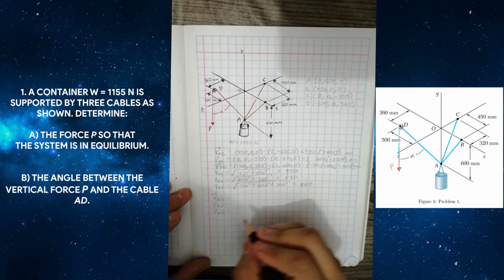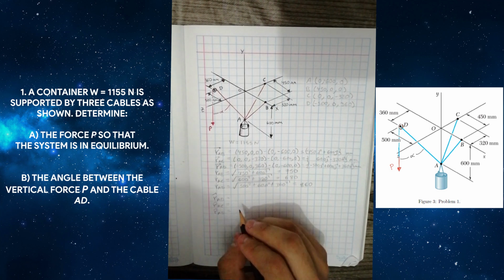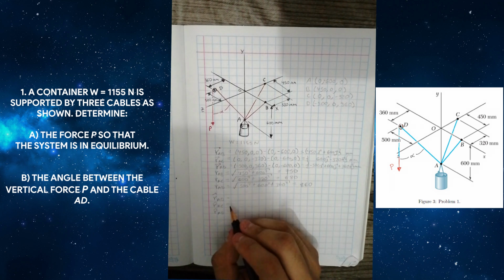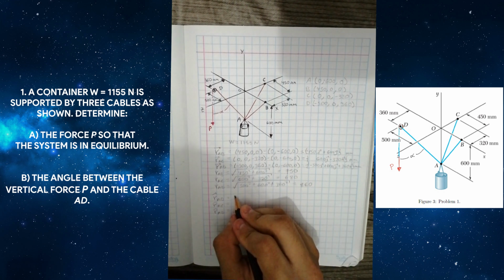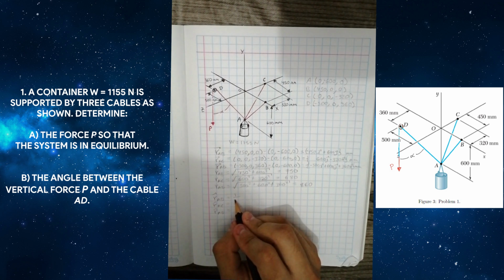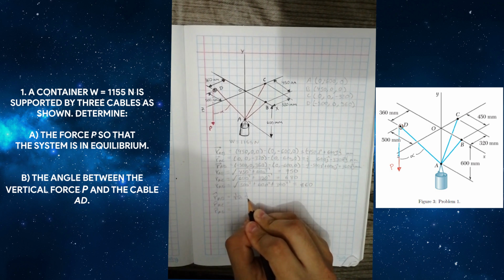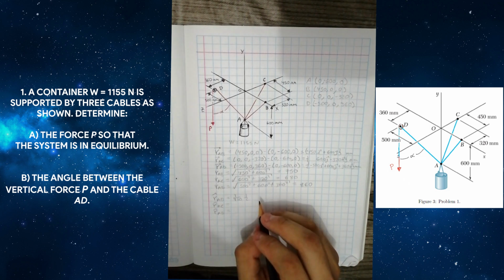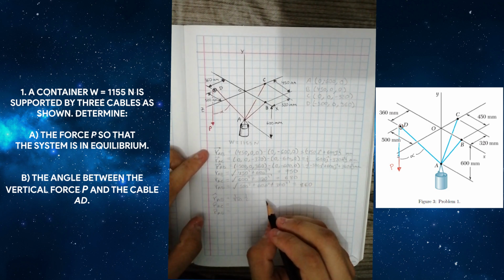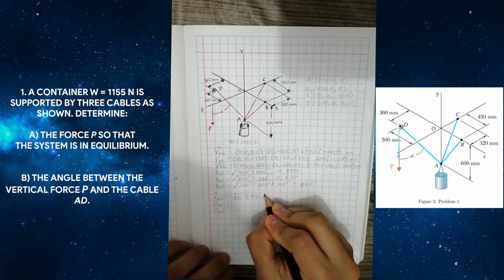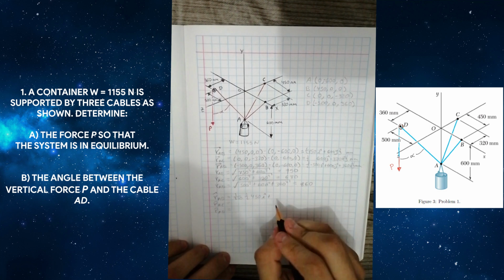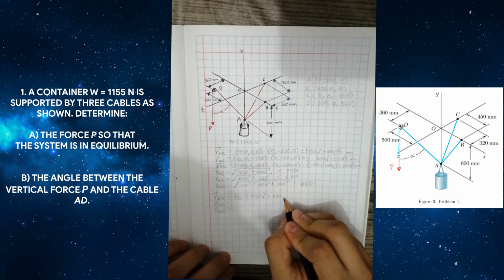To find the unit vector, the only thing that I need to do is divide 1 over its magnitude, that is 750, times its respective vector, that is 450i plus 600j.